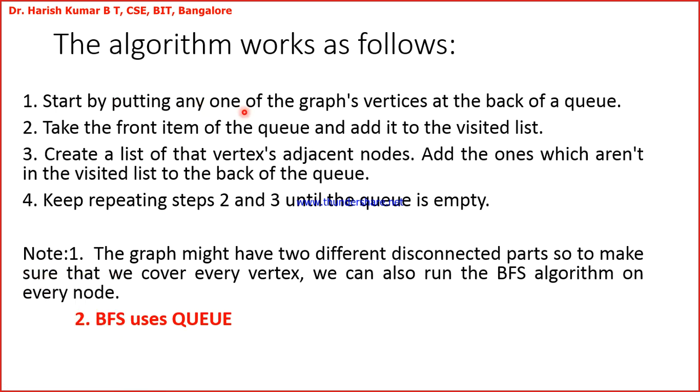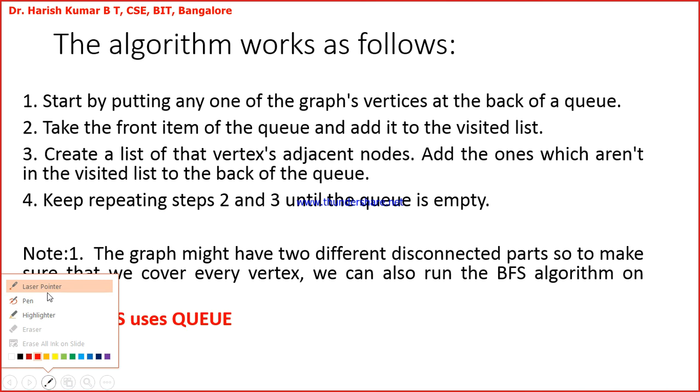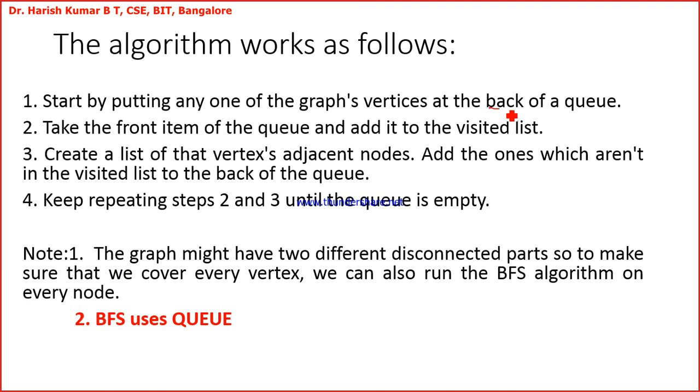So again it starts by putting any one of the graph's vertices at the back of the queue. Back of the queue is nothing but the rear end. So insertion we are doing at the rear end, so don't confuse. Insertion we are doing at the rear end of the queue, and I already told BFS makes use of the queue.